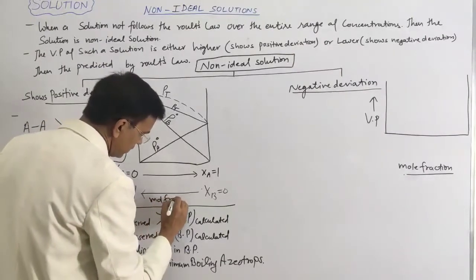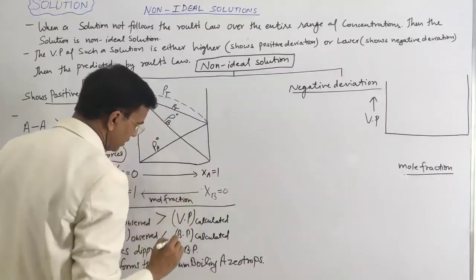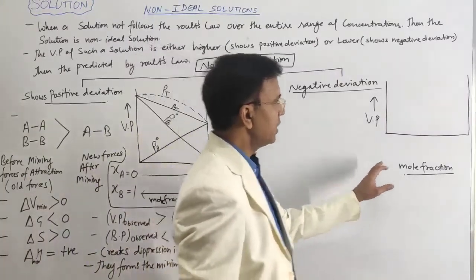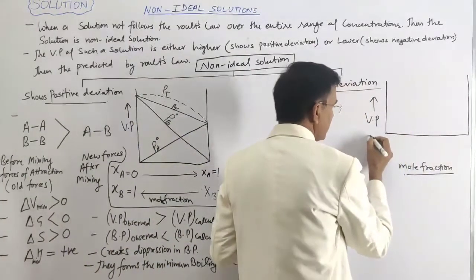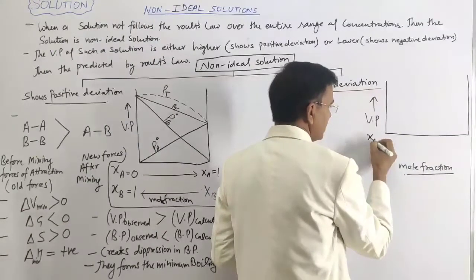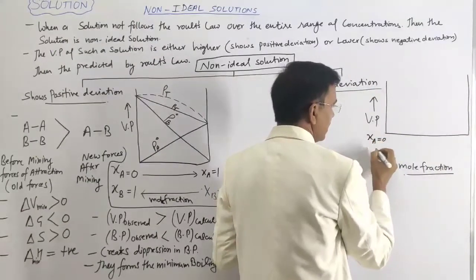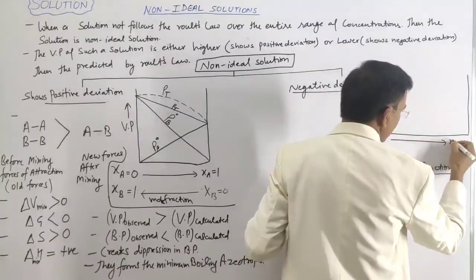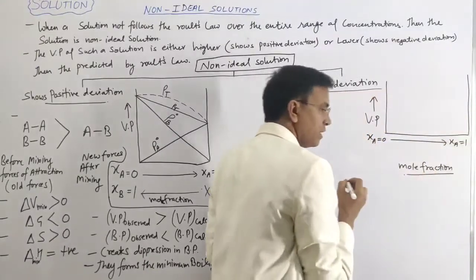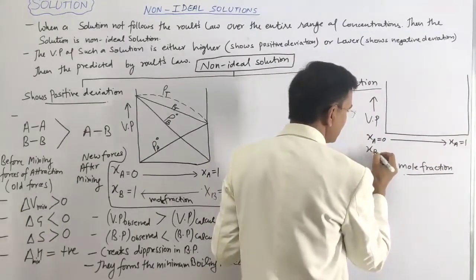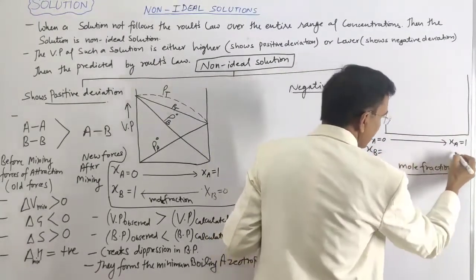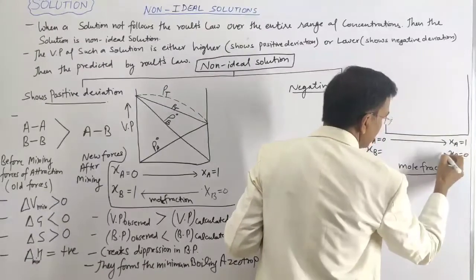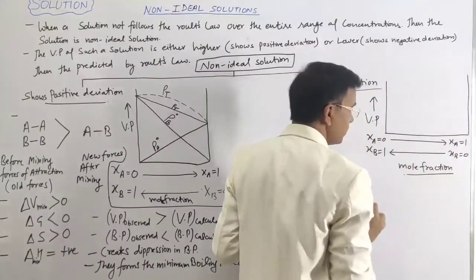Mole fraction. So here on the mole fraction axis, XA is equal to 0, we are starting from 0 and it goes to completion, XA is equal to 1, and in the same graph XB starts from 0 and goes to completion.